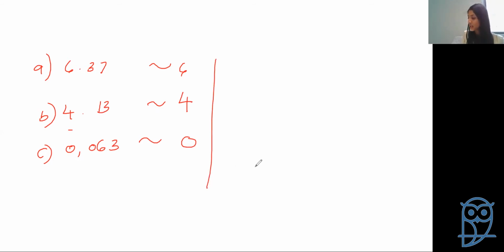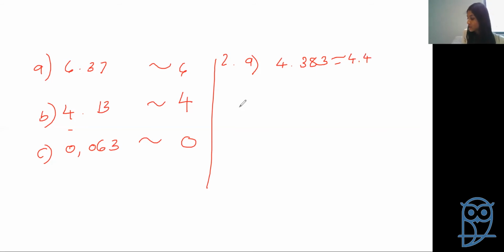Now let's look at exercise 8.2b, number 2, and we've got 2a: 4.383. I need to round these numbers to 2 decimal places. So what would my answer be? To 2 decimal places, in this instance, it's going to be 4.38.